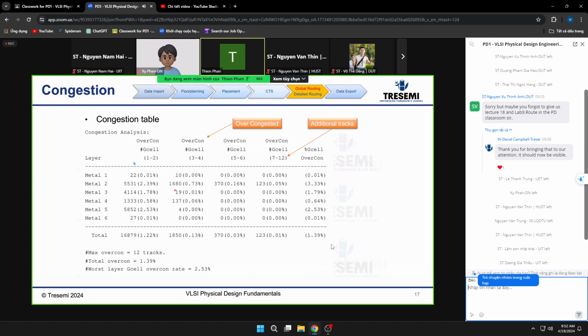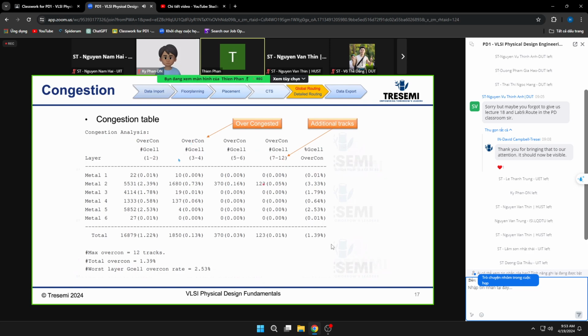So in this case, just by looking at this, M2 seems to be worse. We have really bad congestion on M2 here. It's not just 1 or 2 additional tracks, it goes up to 7 or 12.